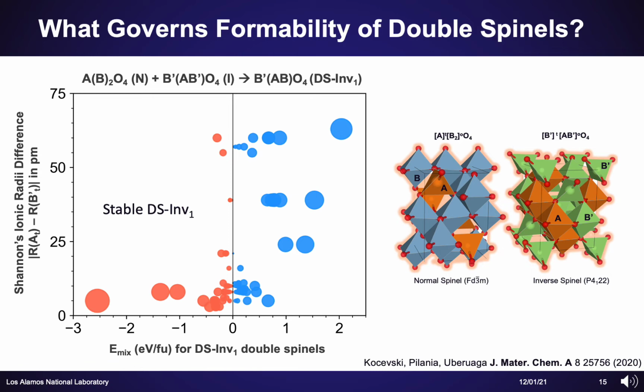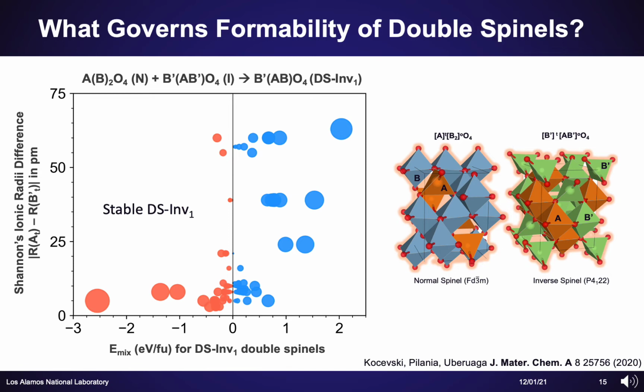To illustrate this with a concrete example, here we plot the absolute differences of Shannon ionic radii for the tetrahedrally coordinated A and B prime cations in a given double spinel against the DFT calculated inverse double spinel mixing enthalpies over the entire range of the dataset.